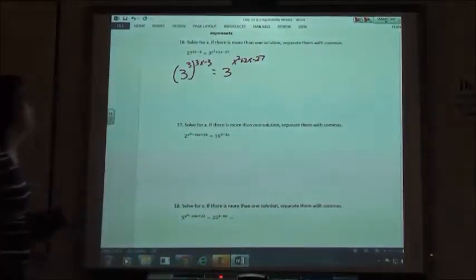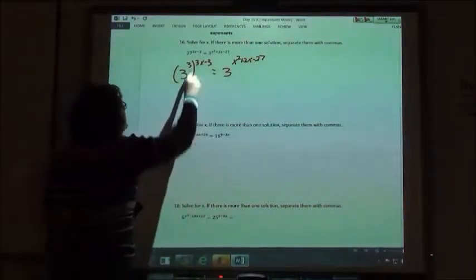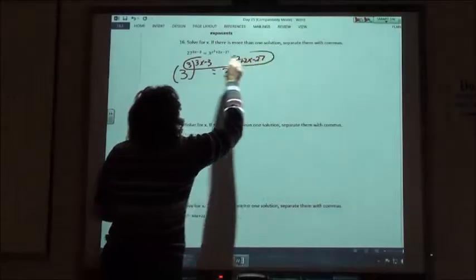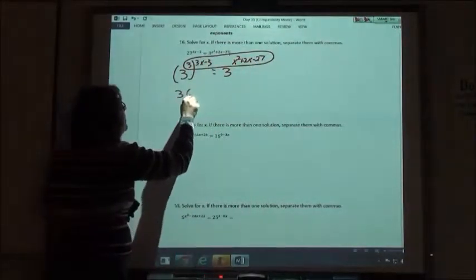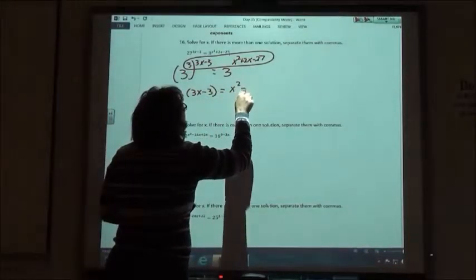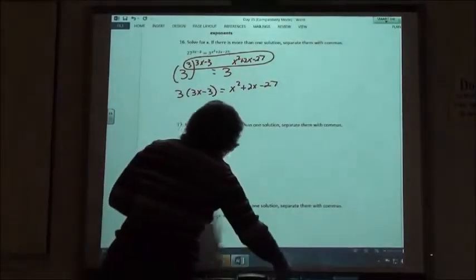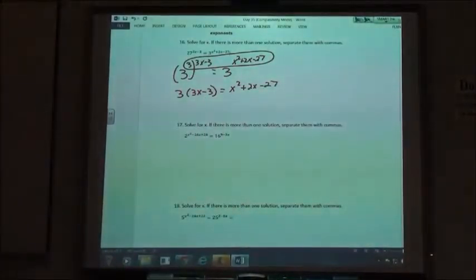So now, since our bases are the same, we can set our exponents equal to each other and get rid of those bases, right? So 3 times 3x minus 3 is going to equal x squared plus 2x minus 27. So now we got to solve that.